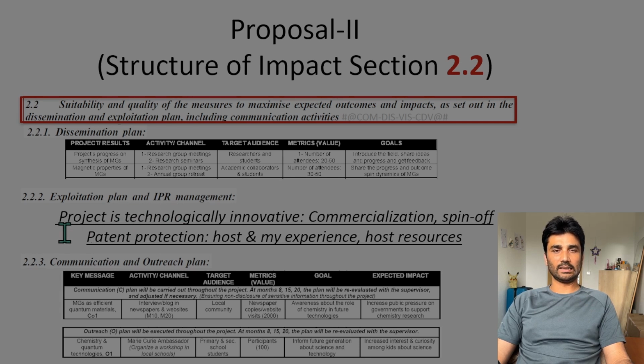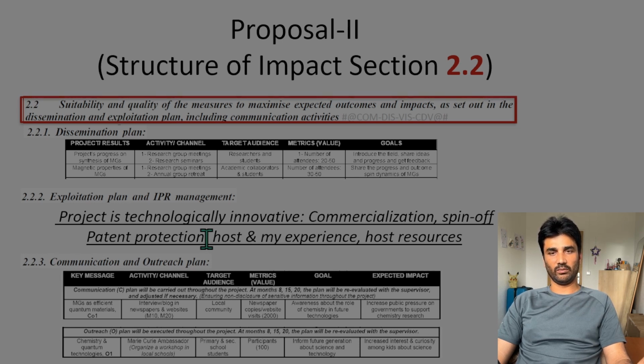So I mentioned here that the project is technologically innovative and it has innovative potential. There is a potential for commercialization, so I see that. So we will also look for the possibility of any startup or spin-off company from this research project. So we will consider patent protection, and here I mentioned my PhD experience of filing a patent and my host's experience and the resources in my host.